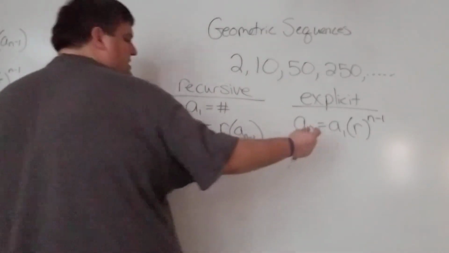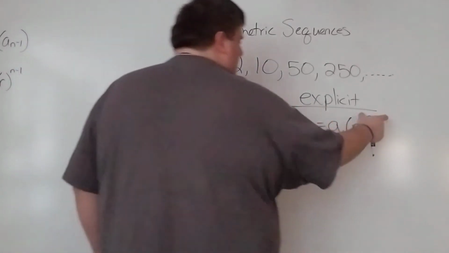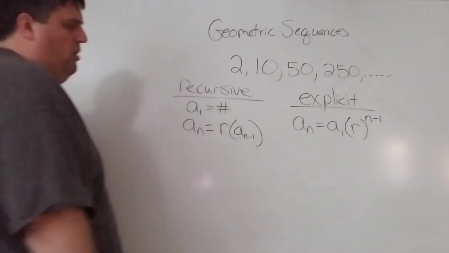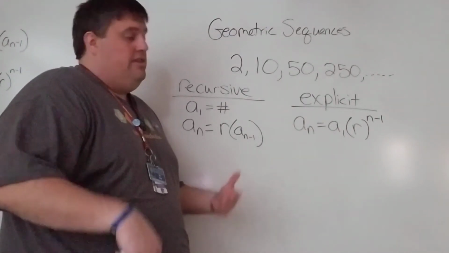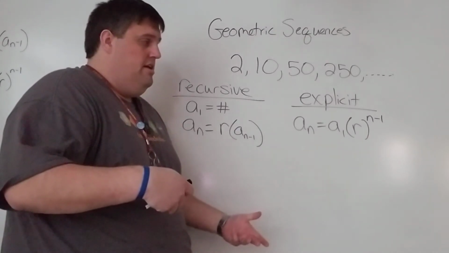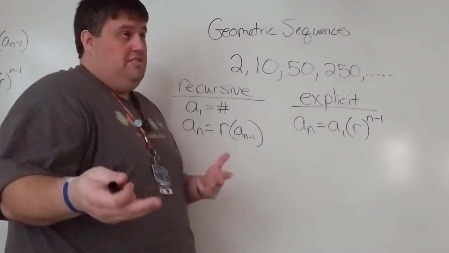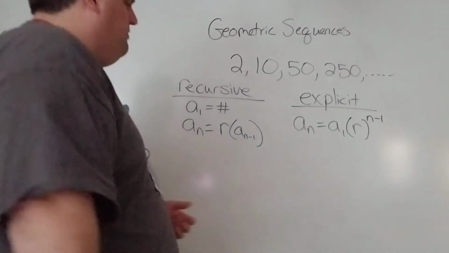And our rate, that's our constant ratio, is going in that spot. And then the exponent is just going to be n minus 1 because, like if we want the third term, we would do to the second power. Because to get the first term, you do to the 0 power. So it's kind of like one term behind. That's where we get the n minus 1 from.